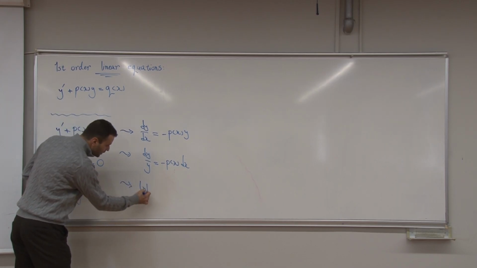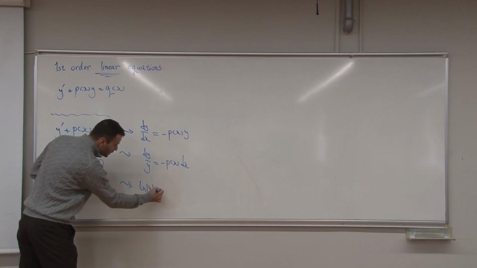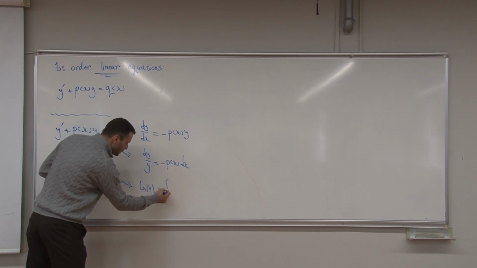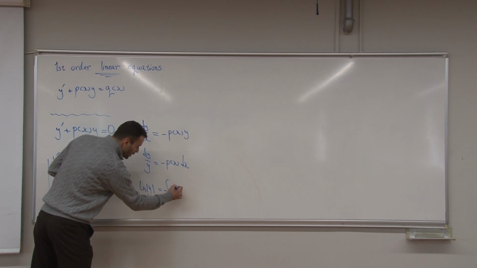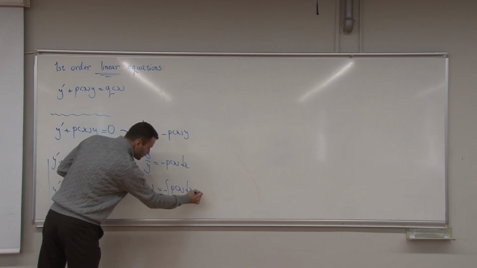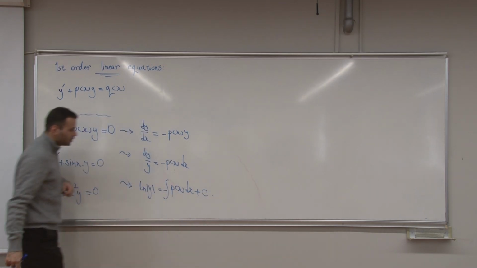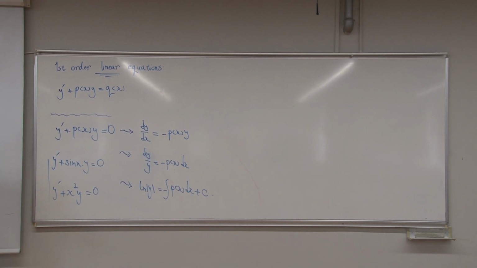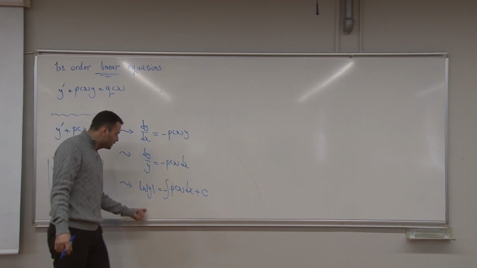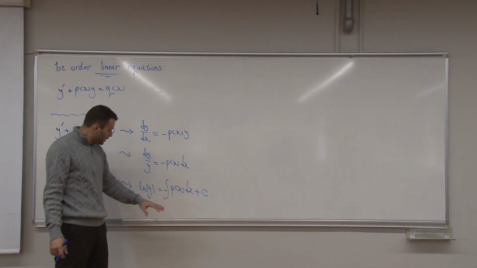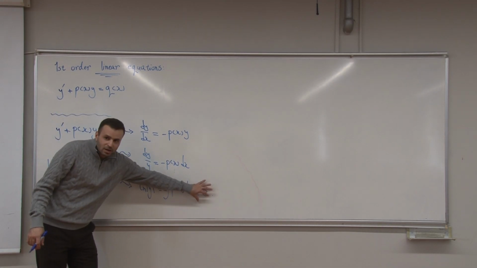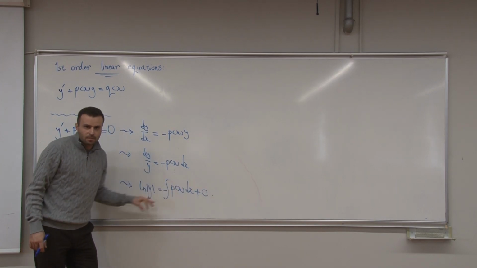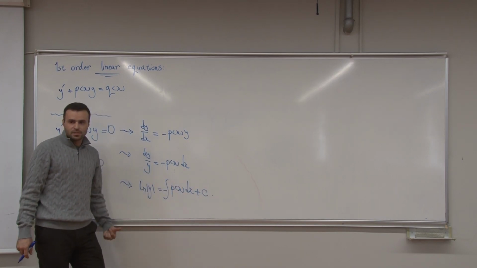I get ln of absolute value of y equal to integral of, this minus sign, let's put it out, p of x dx plus a c. Okay? If you want, you can also write it to the power of something, but for me, even writing this is enough. Okay? But let's do the rest.